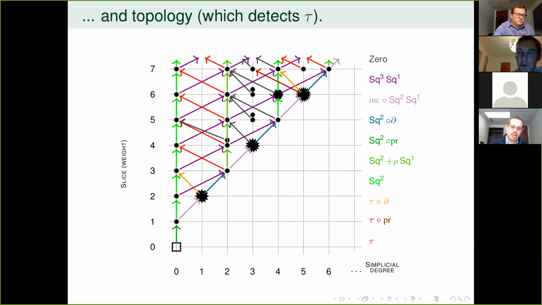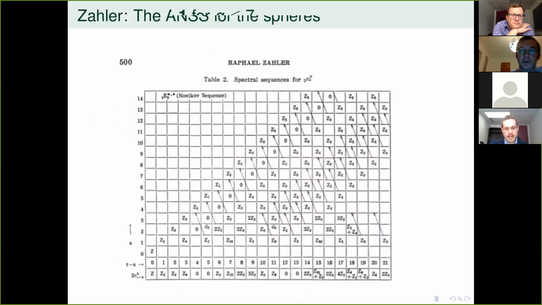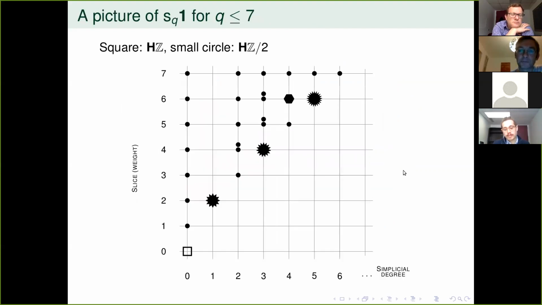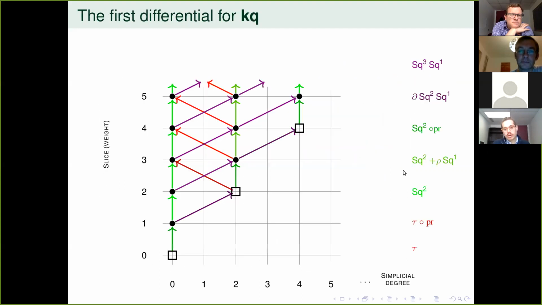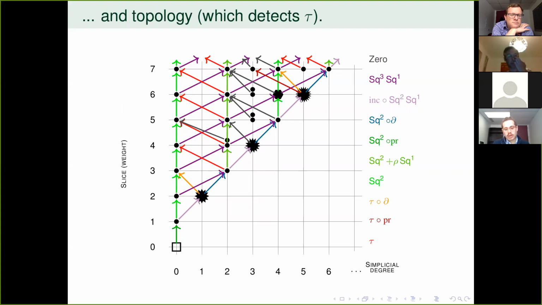I don't know whether you're going to be dizzy now, but I'm going to flip through the pages and see that I get to Zahler's picture. Where is it? Oh, I'm sorry. Yeah, all these arrows here correspond to multiplication with tau in the slice spectral sequence. Where are we? Yeah. Okay.